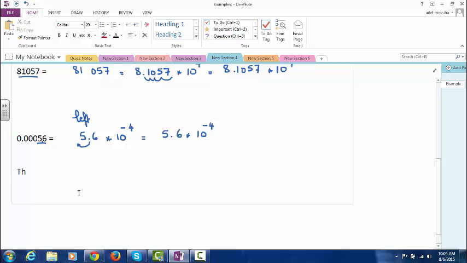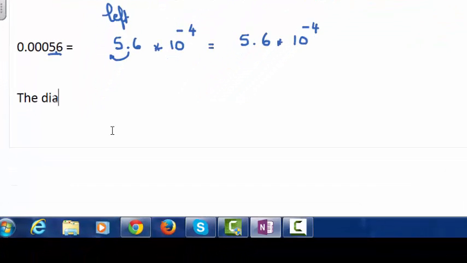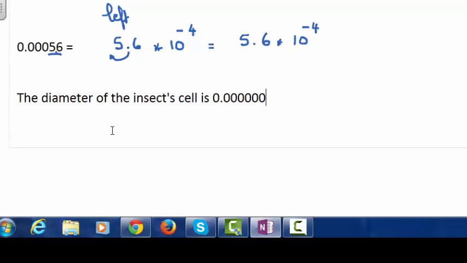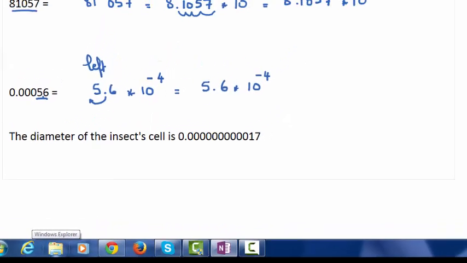Let's say you are reading that the diameter of the insect cells is this number, 0.0000000000 17. How many zeros? 1, 2, 3, 4, 5, 6, 7, 8, 9, 10, then 17. So this is a real example: the diameter of the insect cell is this amount.